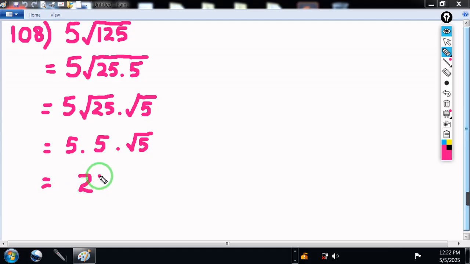And then this is in the form of a root b. A is 25, the first one, and then root is root. The b is this one, the 5. So right there, a is 25 and b is 5. Okay, 108. Better pay attention to the numbering.